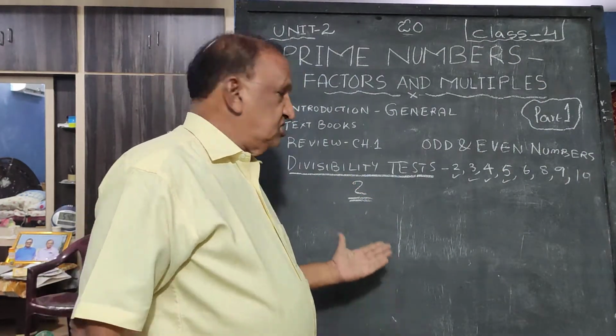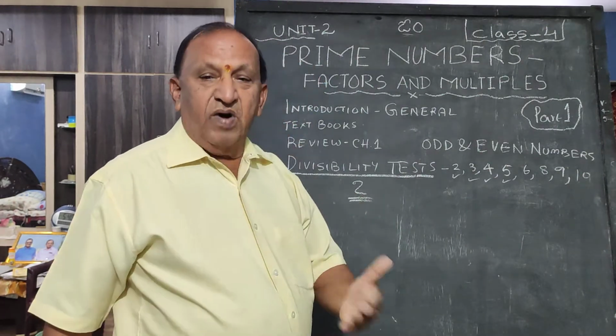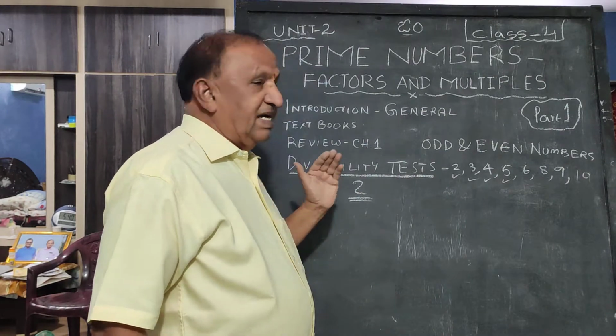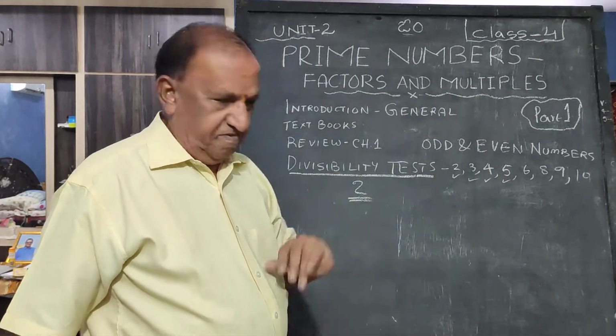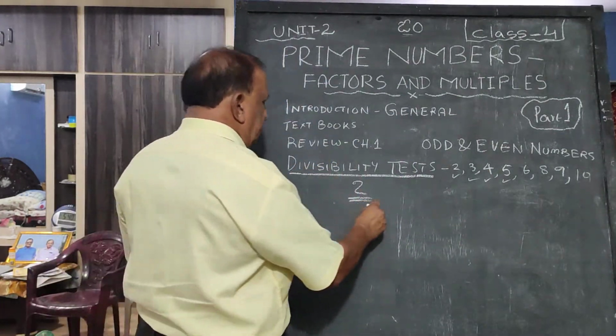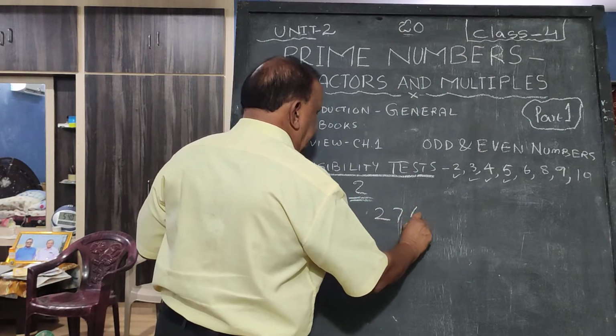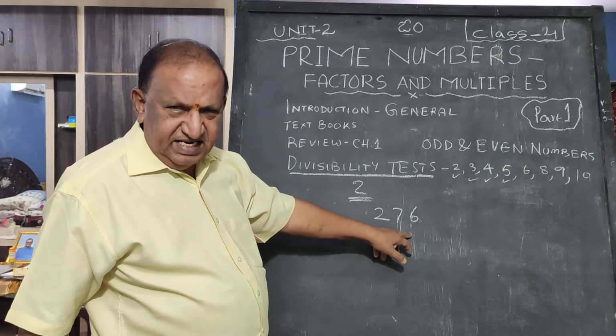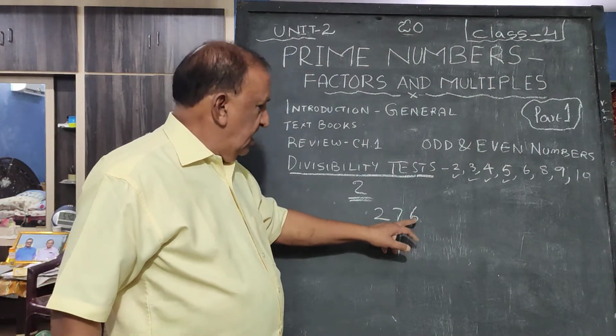If the remainder is not 0, if it is 1, then we say it is not divisible by 2, it is an odd number. Let us say, for example, 276. Here the digit in the units place is 6.